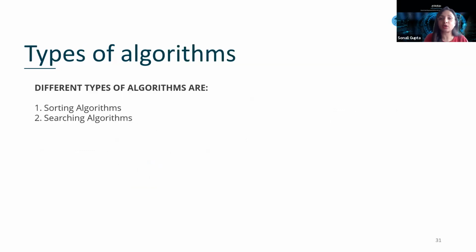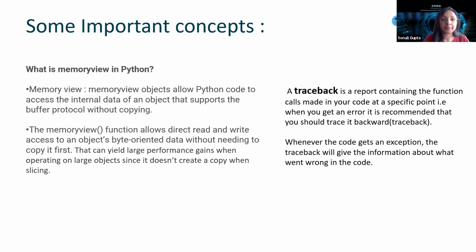This is exactly what an algorithm is. There are different types of algorithms that we will be talking about in the foundations, such as sorting and searching algorithms like bubble sort and insertion sort. We talk about those in the sorting algorithms, and about how you go about searching for any element within data, so we cover the different types of searching algorithms.